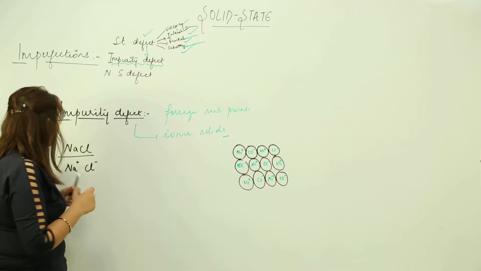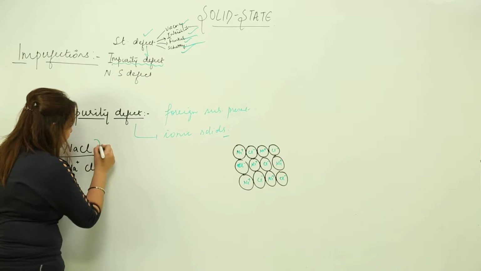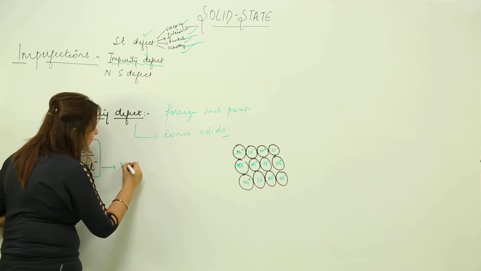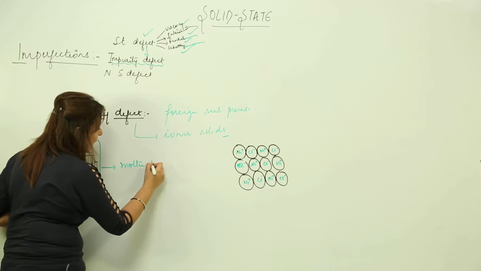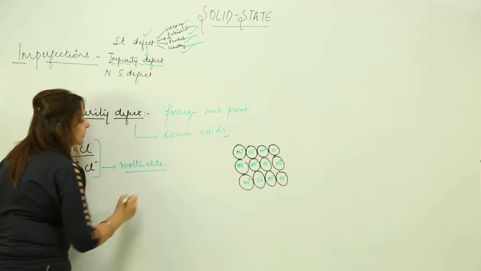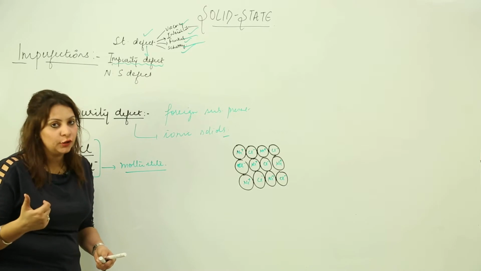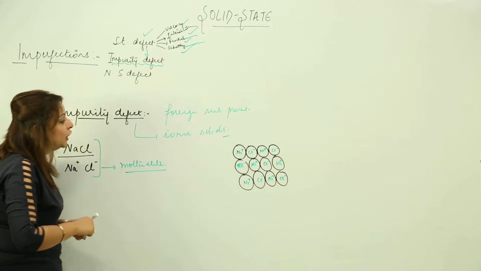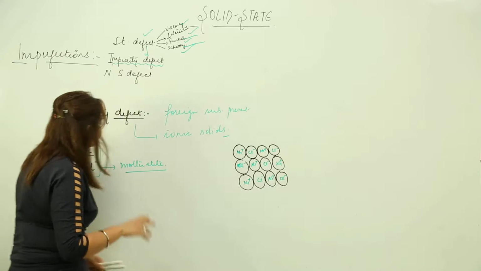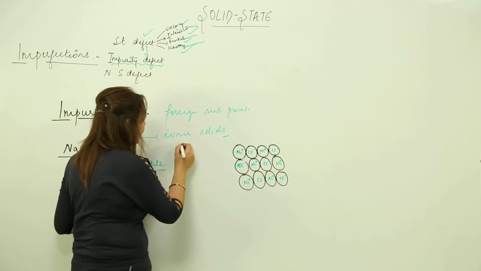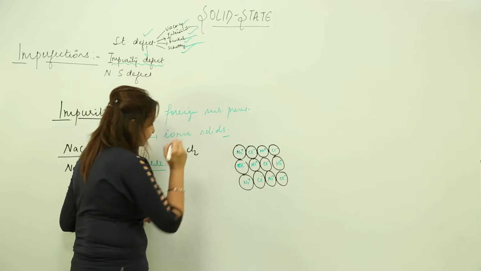Now I have used this NaCl in a molten state, because in order to show the impurity defect the ionic solid should be in molten state. This is the limitation, right. Now I am going to add a foreign substance, for example strontium chloride.